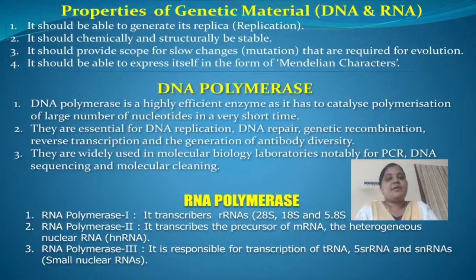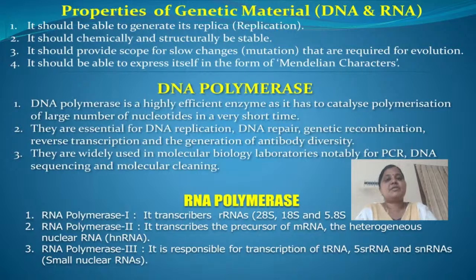So once again, I will repeat the four properties. The first property is that it should be able to generate its replica. The second is that it should be chemically and structurally stable, which means DNA.